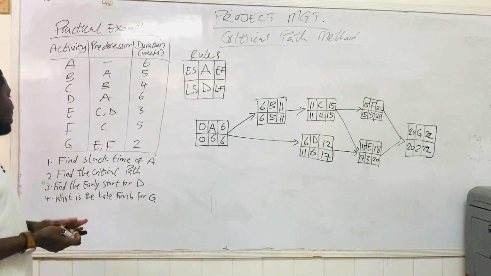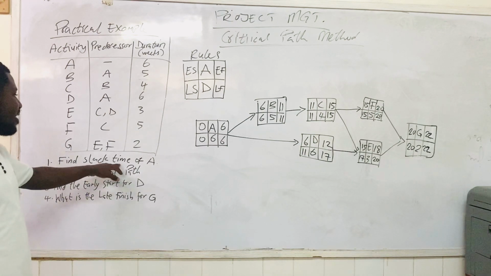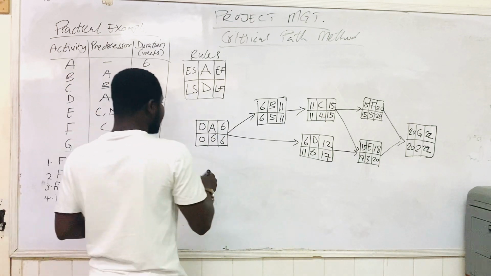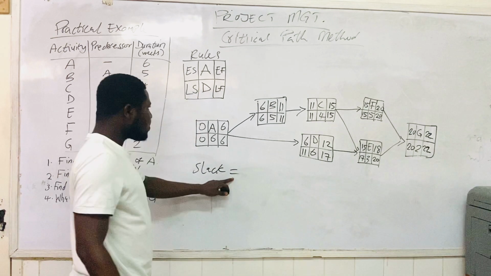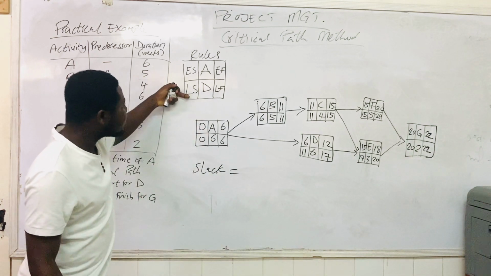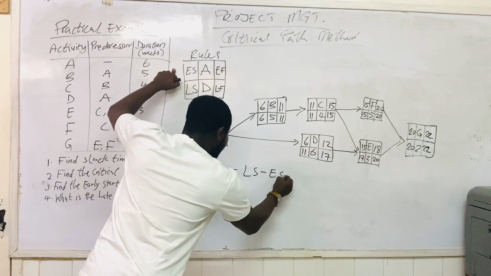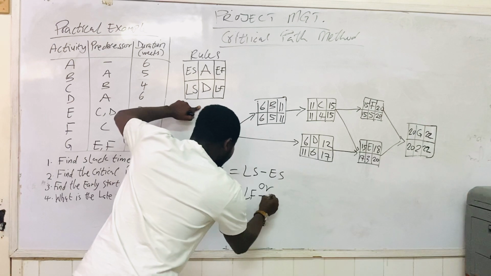Now we take our first question. The first question is saying that we should find the slack time of A, and I indicated earlier that the slack is equal to either LS minus ES, or LF minus EF.